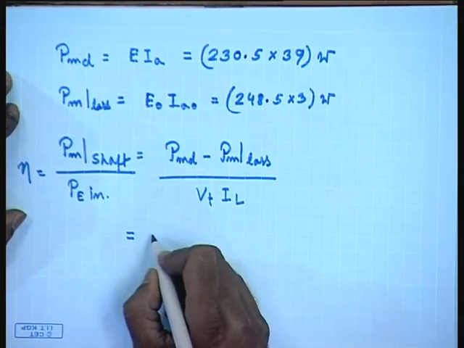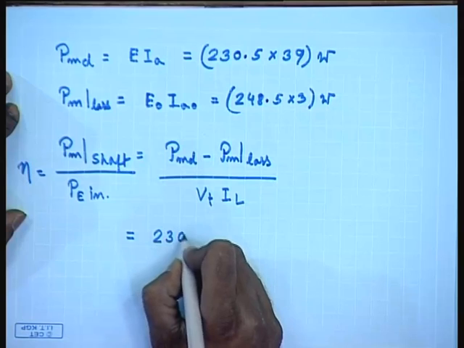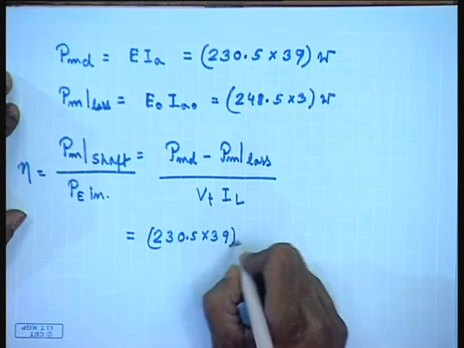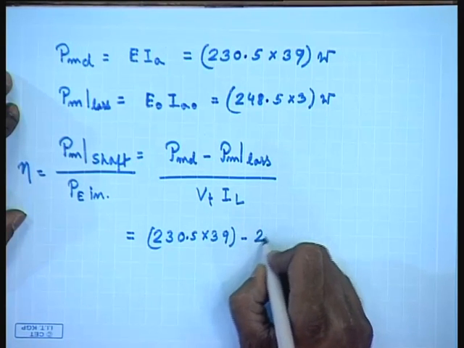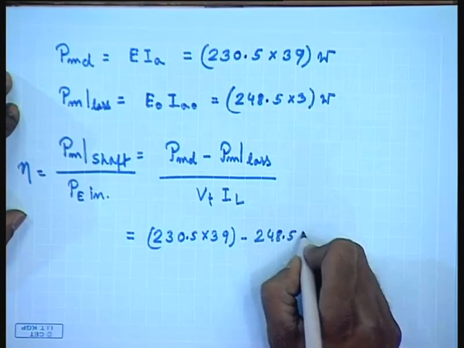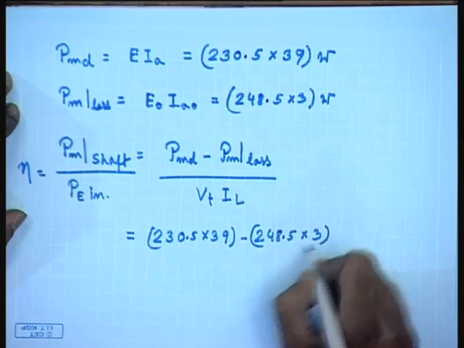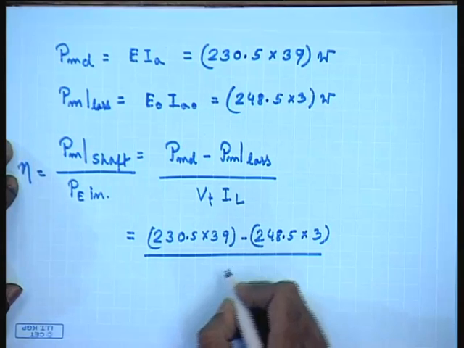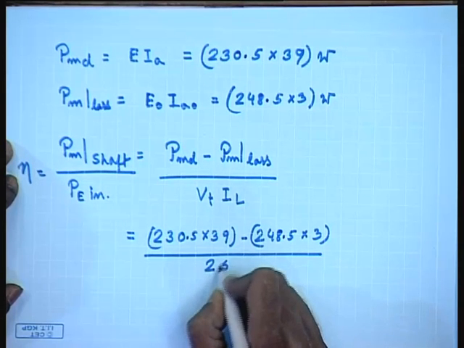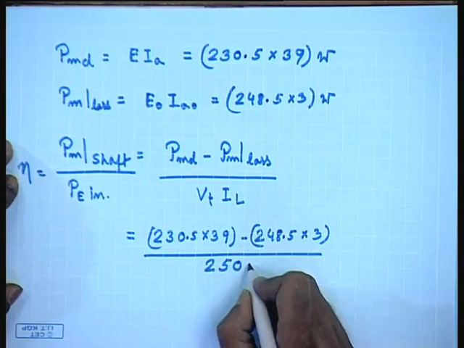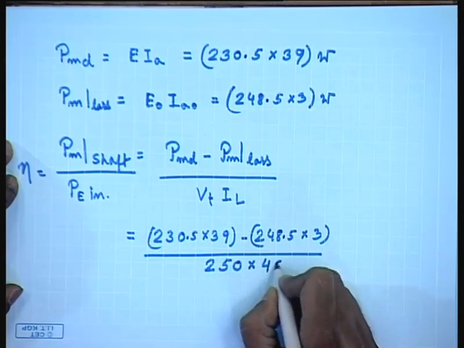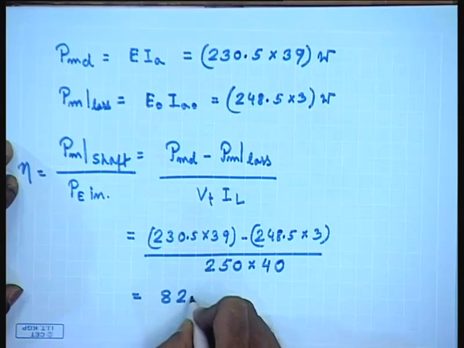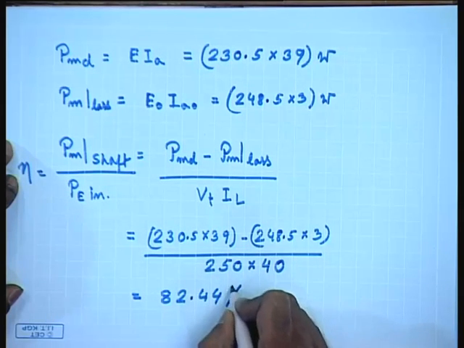This comes as 230.5 into 39 minus 248.5 into 3 divided by 250 into 40, this comes to 82.44%.